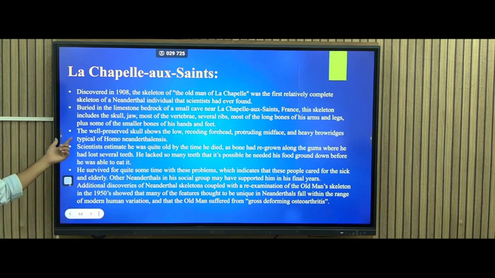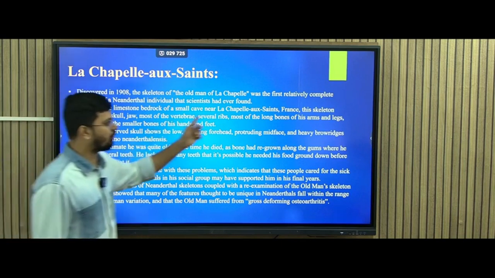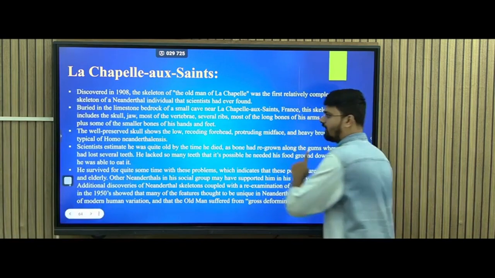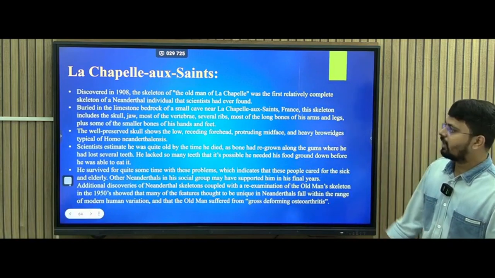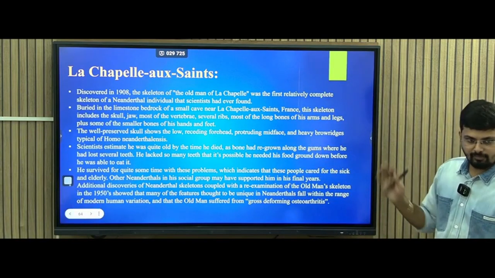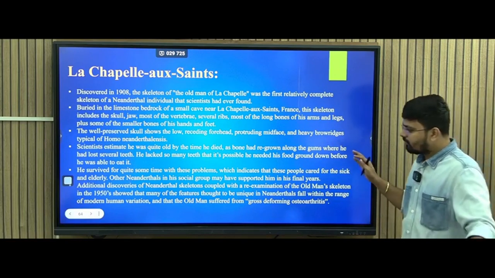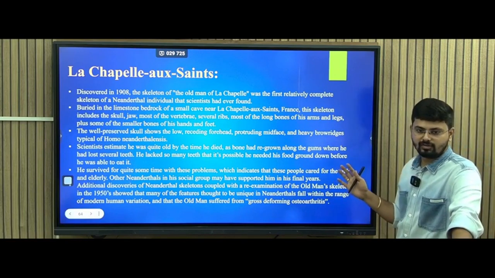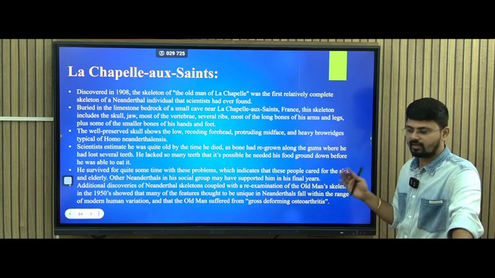These are the features, and you can see most of the long bones of his arms and legs have been found, and some of the smaller bones have been found. So this is La Chapelle-aux-Saints, or the classical variety.